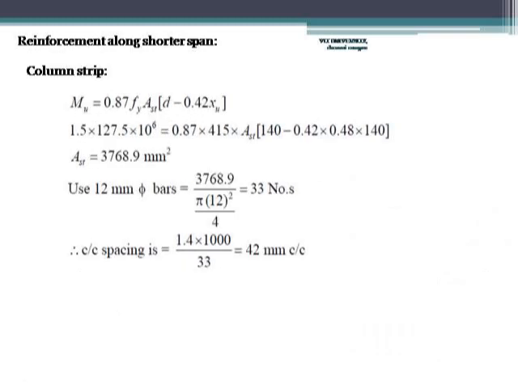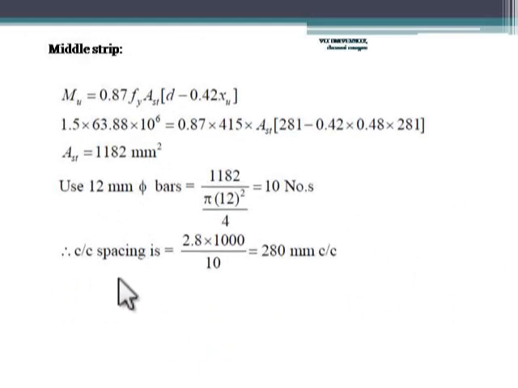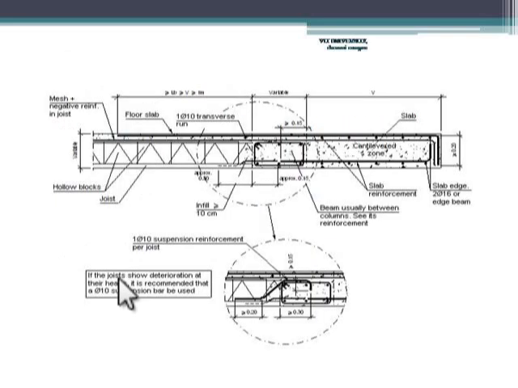For column strip in shorter span, we got Ast 3768.9 mm square and spacing as 42 mm center to center. For middle strip, we got Ast as 1182 mm square, use 12 mm dia, and we got spacing as 280 mm center to center.